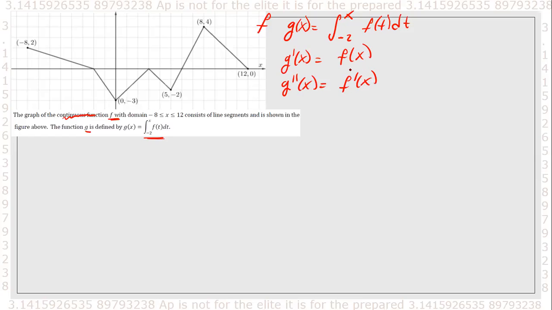So the first derivative of g tells me the original function f, and the second derivative of g tells me its concavity, the rate of change of f. So the concavity of g is tied to the rate of change of f. A little bit tricky, but not that bad. And from here, it looks like we have everything we need to go ahead and find some solutions.